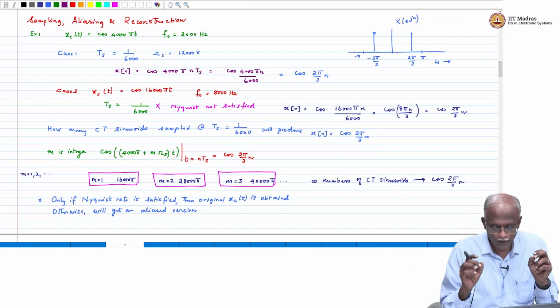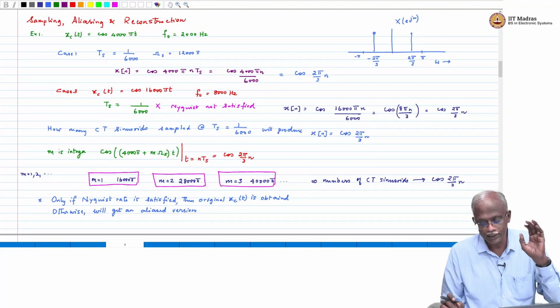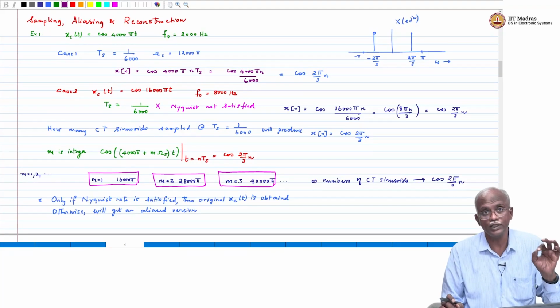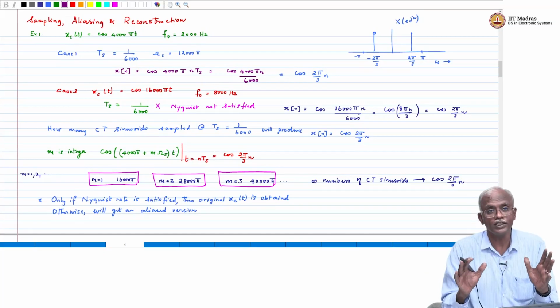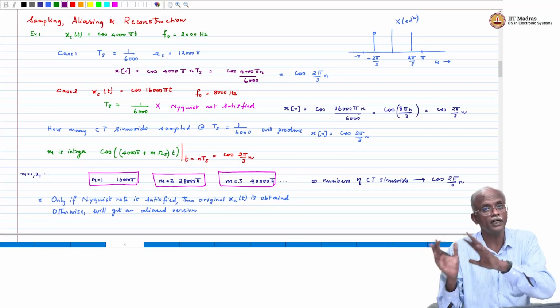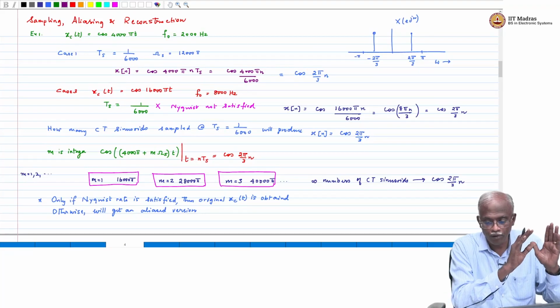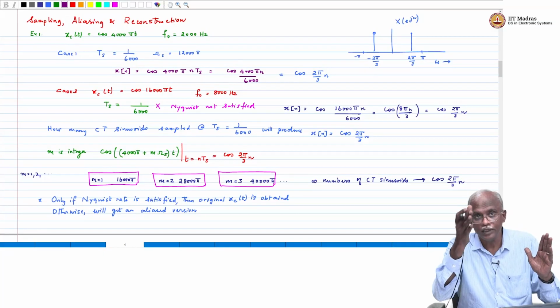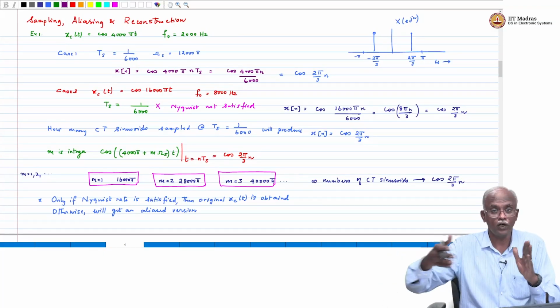So, one important thing to note is that only if Nyquist rate is satisfied, then the original signal xc of t can be obtained via reconstruction. Otherwise, what we will get is an aliased version. And the mapping from a continuous time frequency based on a sampling period to a discrete time frequency is not a unique mapping.